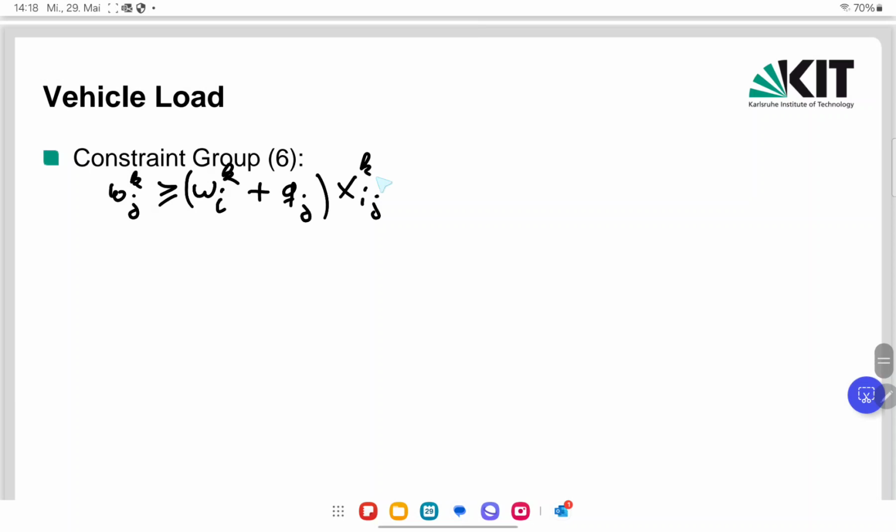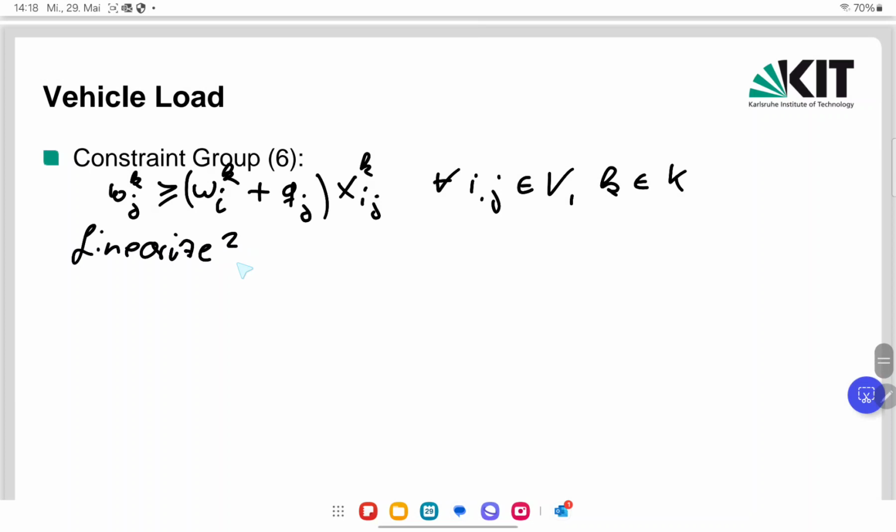So if we travel this particular path from I to J, then we also have to adhere to this constraint group. Again, this is for every I and J in the vertex set, and K is the set of vehicles.